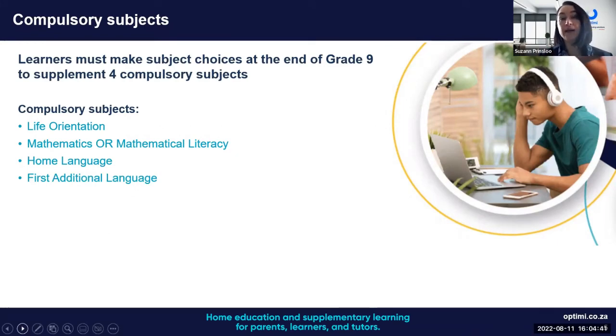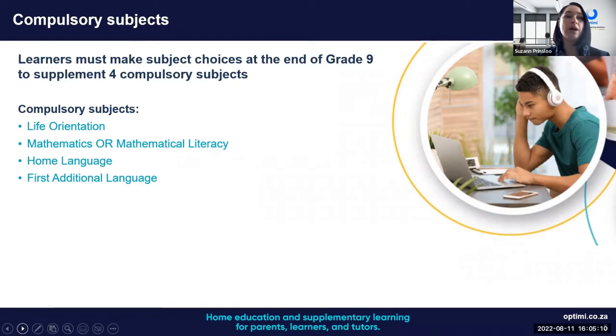At Impact, learners can choose between Afrikaans and English as their home language. And then from next year, they can choose between Afrikaans, English, and isiZulu as their first additional language. A learner can opt for 2 home languages, such as, for example, Afrikaans and English on a home language level, but they must have 2 different languages.